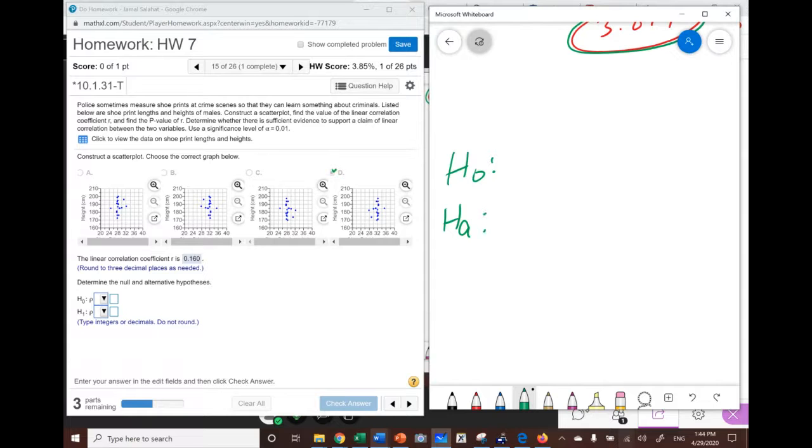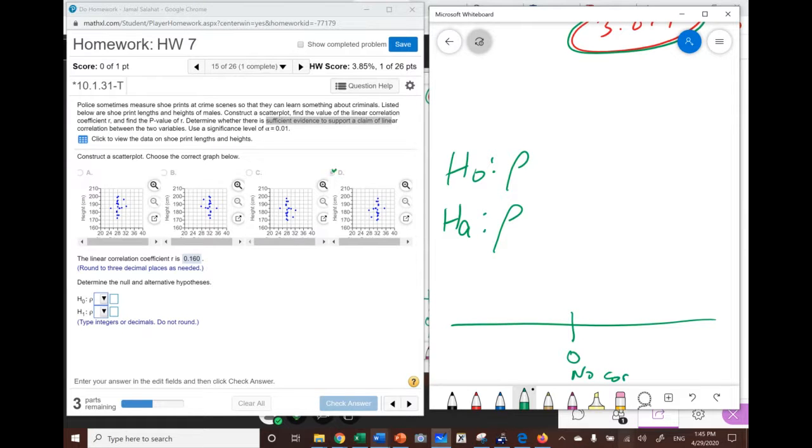Both of them are going to be claims about rho, which in this case is the correlation coefficient of all. So let's look at this. Determine whether there is sufficient evidence to support the claim. What is the claim? The claim of linear correlation. Notice that when we did the math earlier, we said when it's 0, there is no correlation.